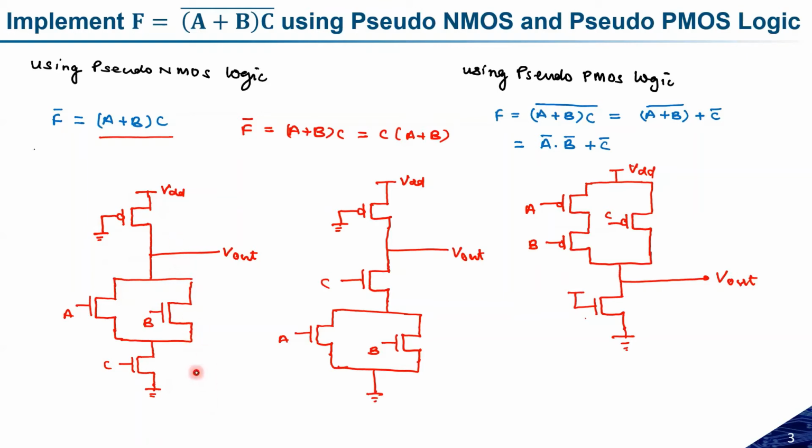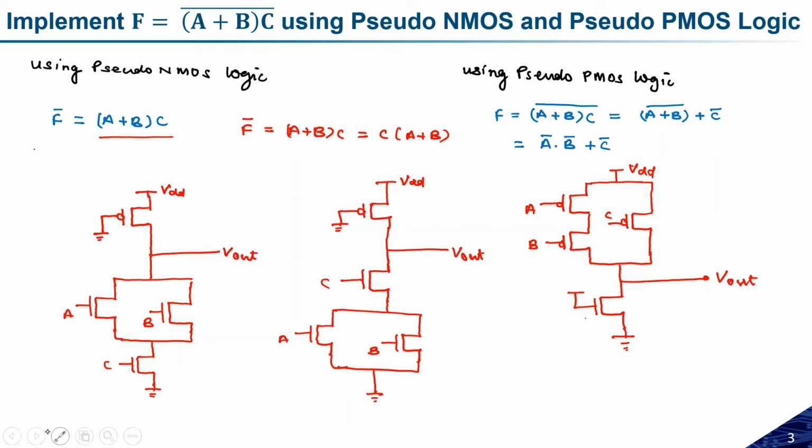This is one problem. The second problem is that because the pull-up network and the pull-down network are both in on state, we get rail to rail voltage from VDD to ground, and that will increase the total power dissipation. So there are two problems associated with this kind of logic: one is the reduced noise margin, and the second is the increased static power dissipation.